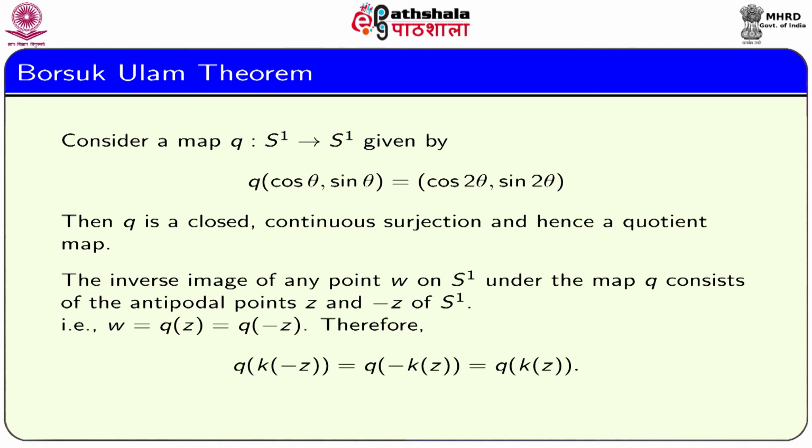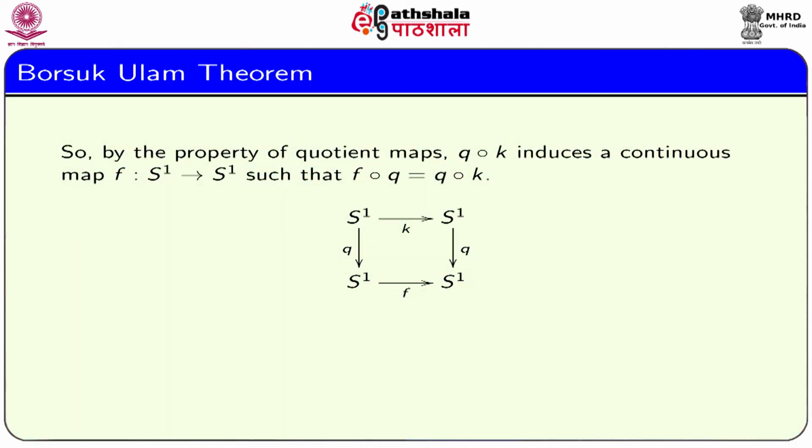That is, W equal to Q of Z equal to Q of minus Z, and therefore Q of K of minus Z equal to Q of minus K of Z, and that is equal to Q of K of Z. So, by the property of quotient maps, Q composed K induces a continuous map F from S1 to S1 such that F composed Q is equal to Q composed K as shown in the diagram.